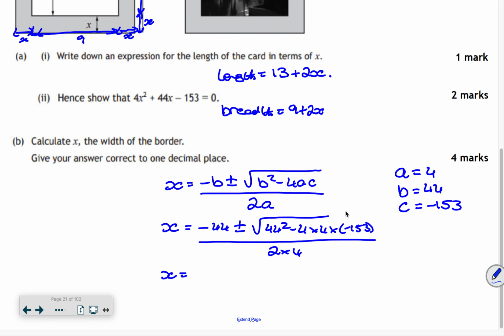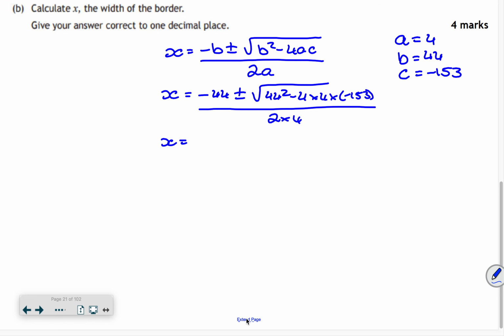Okay, so let's work this out in the calculator then. So that'll be minus 44 plus or minus, so then we have 44 squared minus 4 times 4 times minus 153, which will give me 4,384 all over 8.